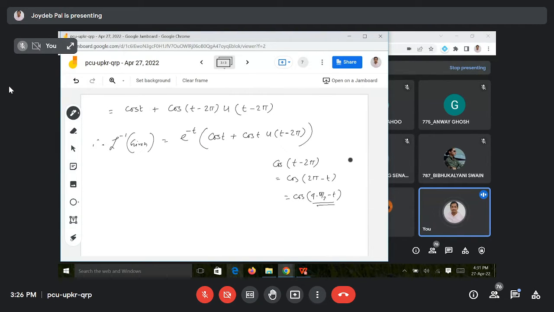It is in the fourth quadrant, right? So it will be cos t. In the fourth quadrant, cos is plus, so it is cos t. And because of that even multiple, cos remains cos. Do you think I have made any mistake? It is okay.